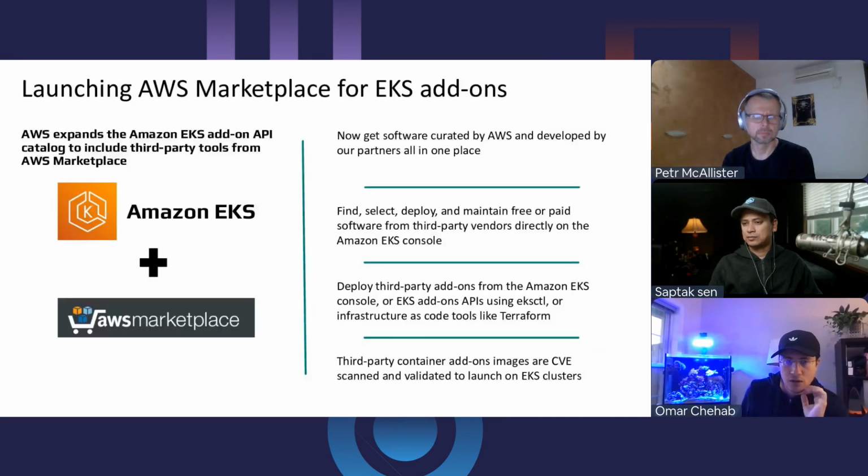But back to Tetrate and Istio. And so we partnered very closely with each other to do exactly what Septec said. Provide you an easy mechanism to deploy the software on EKS clusters. Now, how you do so is the key that we wanted to highlight here.